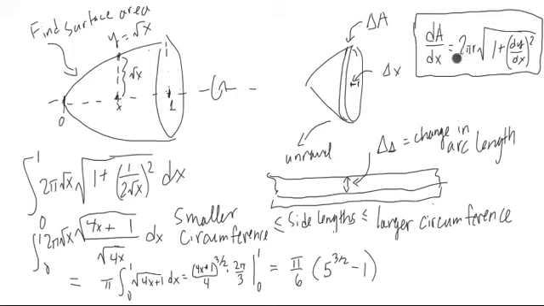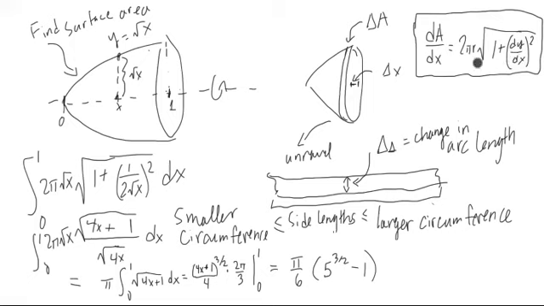This r, at least in this particular case, is going to be the y value of the curve, square root of x. But I'll just leave it as r because you'll have to interpret it per situation, times the square root of 1 plus the derivative with respect to x of the curve, squared.